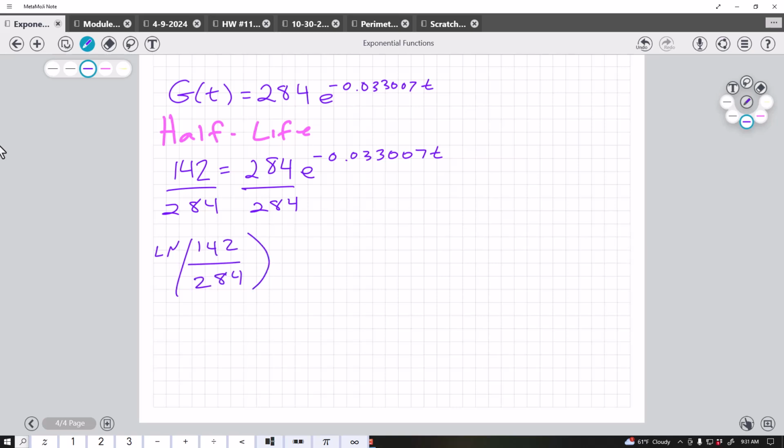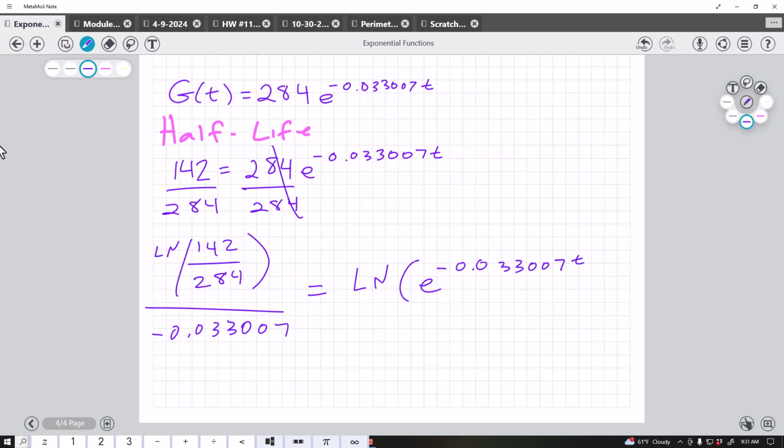Be sure that's in parentheses, and when I ln, I'm going to divide by this value, 0.033007. Because when I ln this side, ln of e to the negative 0.033007t, that cancels out, and this comes down, and I'm solving for t.